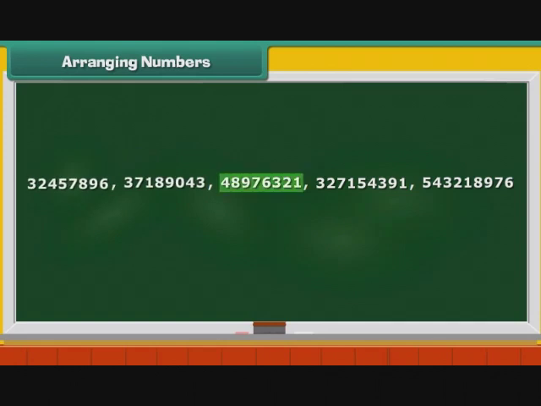The third 8-digit number begins with 4. 4 is greater than the first digit 3 of 37,189,043. Therefore, 48,976,321 is the largest 8-digit number. It appears after the other two 8-digit numbers.